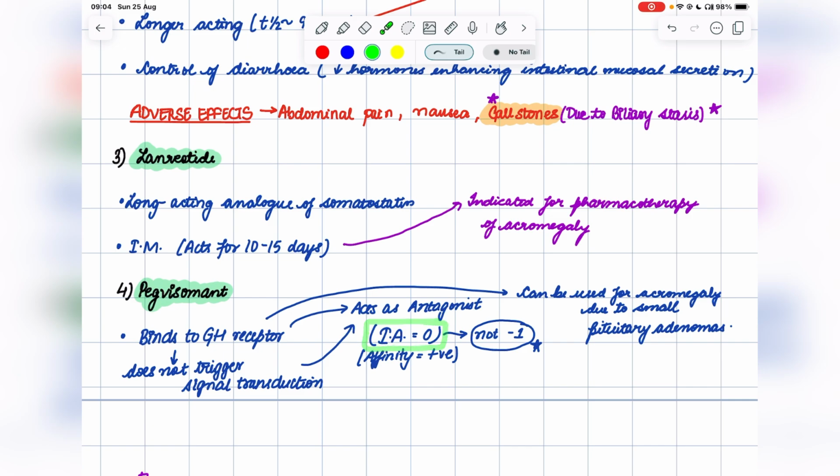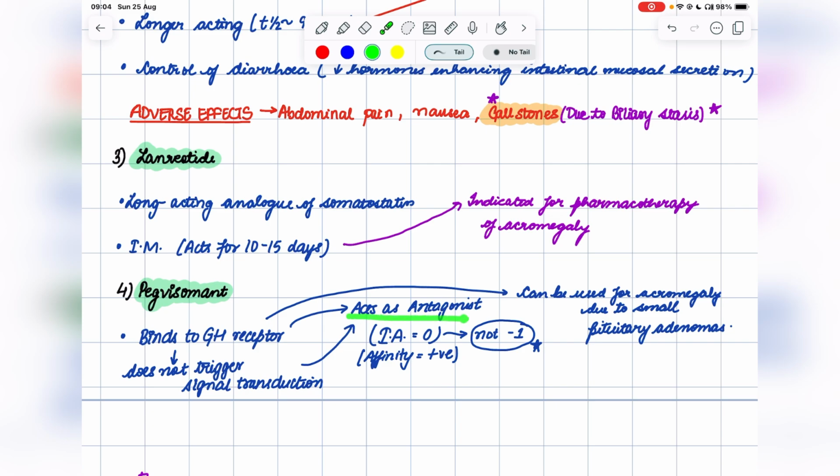You must know general pharmacology to understand this: an antagonist does not have an intrinsic activity of -1. They do not produce an opposite effect, but they just stop the positive effect. It will just bind to the growth hormone receptor and not let growth hormone act. So ultimately it acts as a negative, but it itself has no activity.